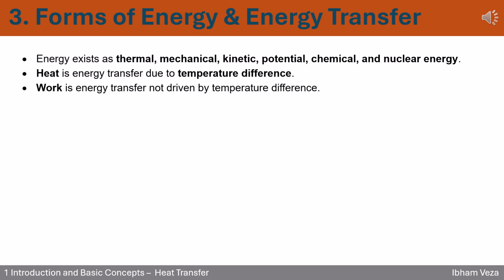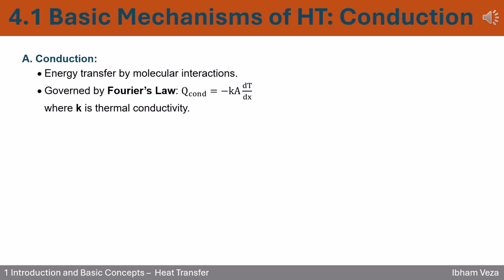It flows from hotter to colder regions. Work, in contrast, refers to energy transfer caused by factors other than temperature, like force or pressure differences. Keep this distinction in mind. Knowing what drives energy transfer helps you apply the right principles in heat transfer problems.